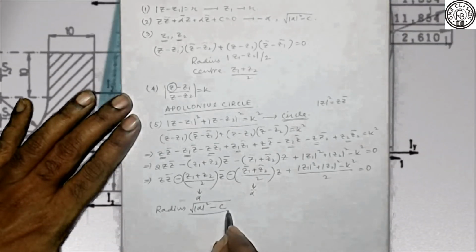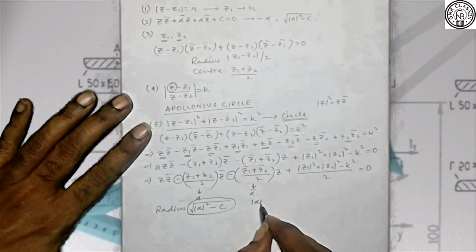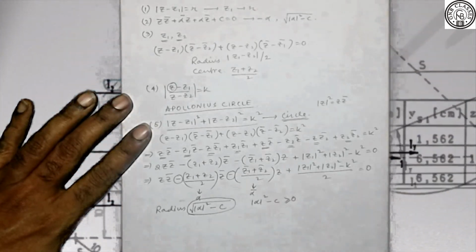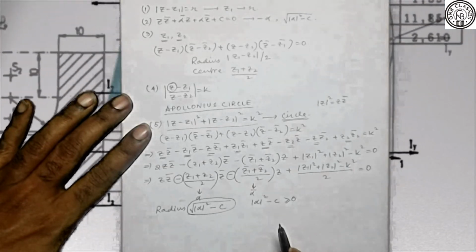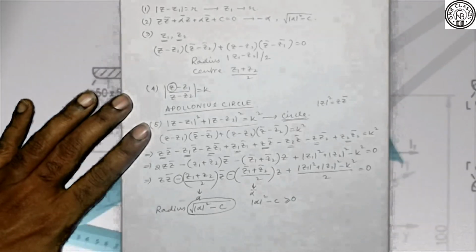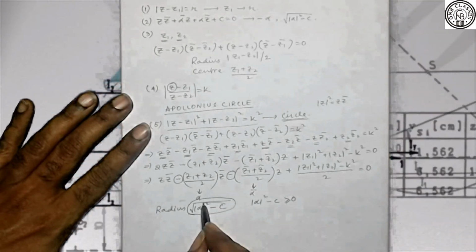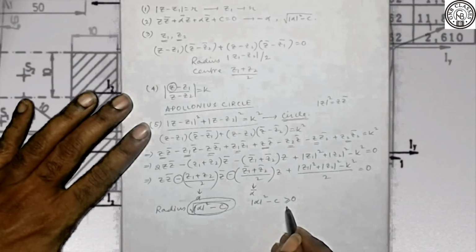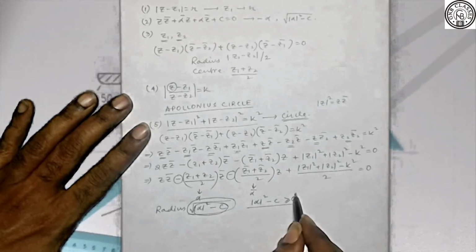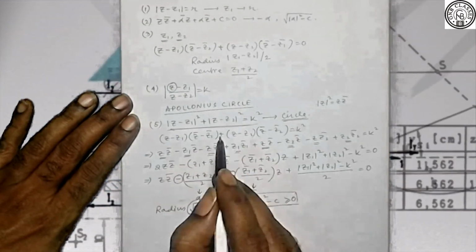Radius will be defined only when mod of alpha square minus c is greater than or equal to 0. Why am I writing 0? Because it may so happen that the circle is a point circle. So that case has to be considered here. But the radius is defined only when the thing under the root sign is defined, so it must be greater than or equal to 0. So that is the only condition we need for this equation to represent a circle.